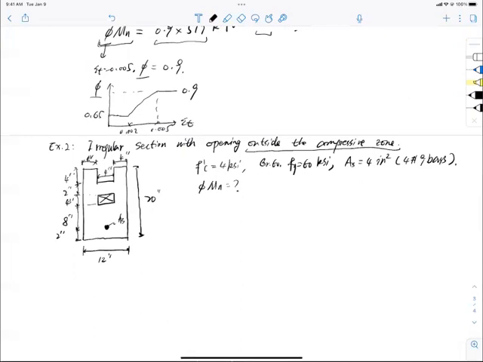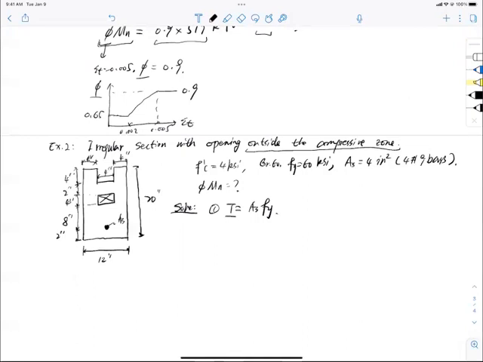Now you look at this and say, all I need to do is find out first whether my compressive zone covers the opening or not. To determine that, we need to solve first. The tension force is fixed. I'm not assuming 0.005 anymore because I know the area of steel.